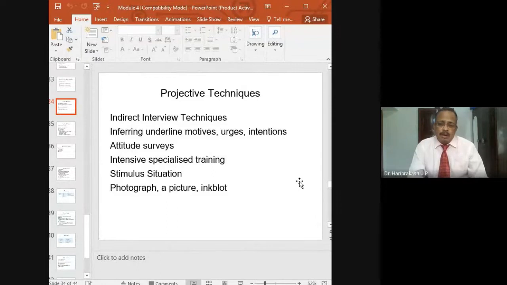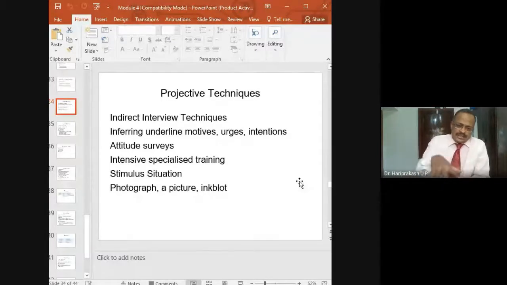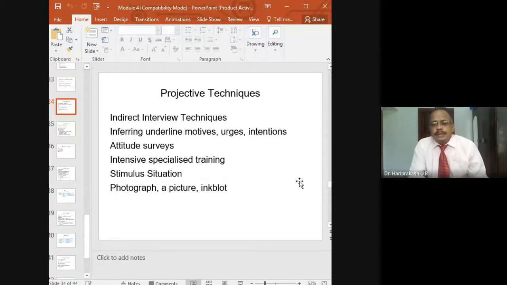An ink blot is nothing but some ink thrown on a plain sheet of paper. Some color is thrown, so it will have its own design, right? It depends on the intensity and the angle at which you put the ink, so it will have some design. That is shown to a person who is asked, what do you see here? That person will tell something that comes to his mind. Some people will say it looks like a flower, a tree, anything like that. That is called the ink blot test.